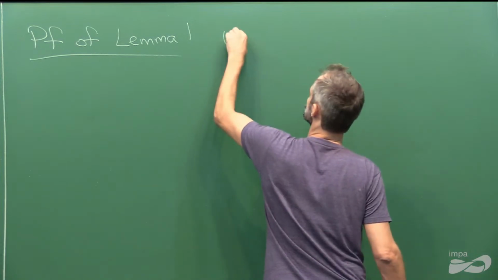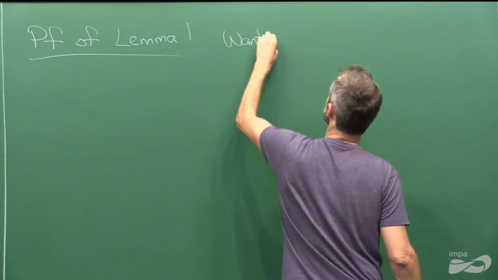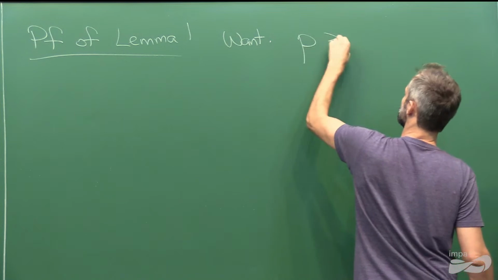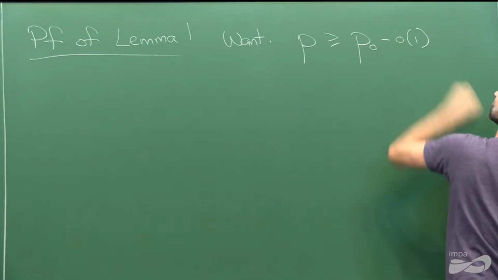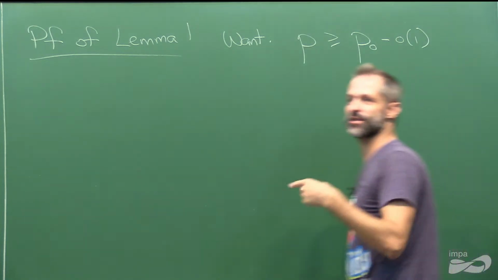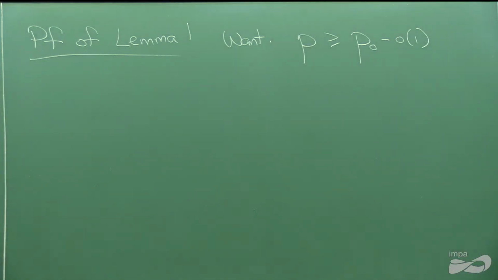We want p is at least p0 minus little o(1) for all stages of the algorithm. That's basically what we want.